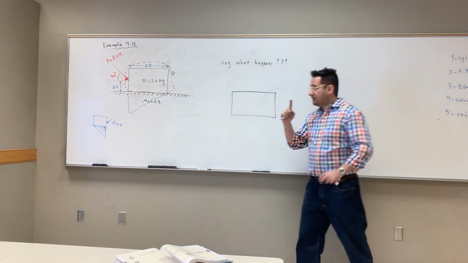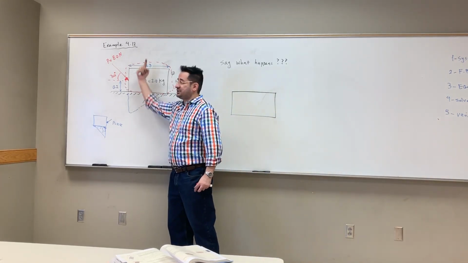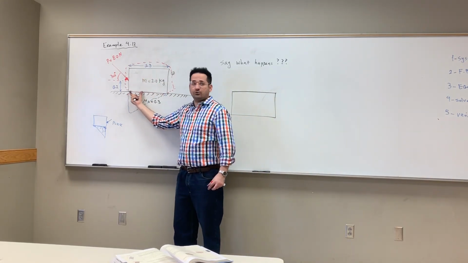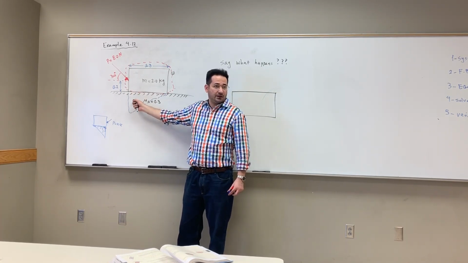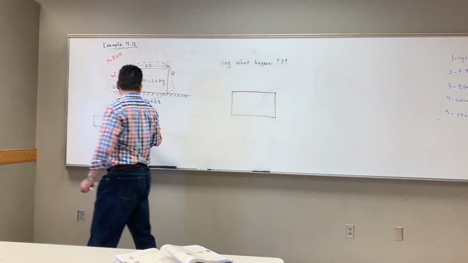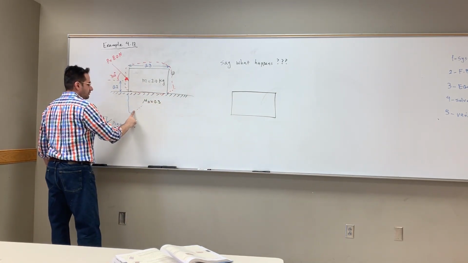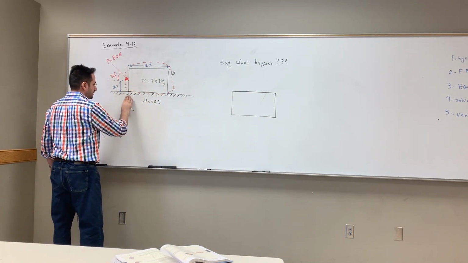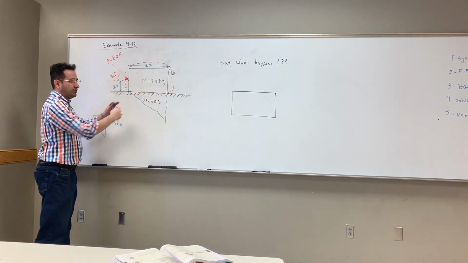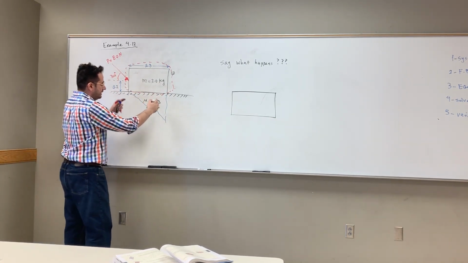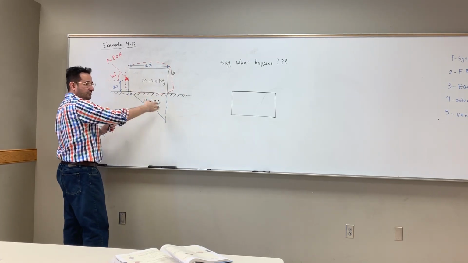And there's also going to be a total normal force this way. But we don't know at what location it acts because we don't know the area center of it. So it could be shifted to either side.